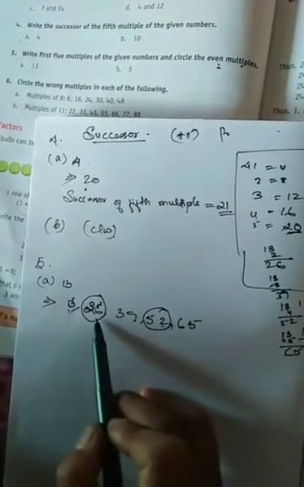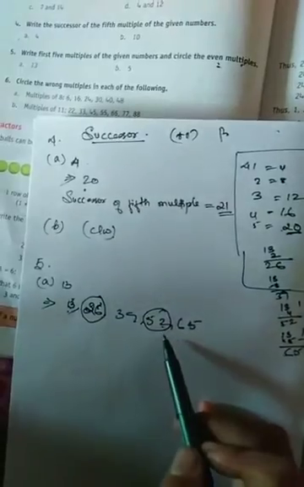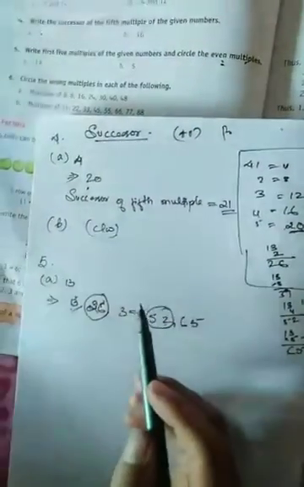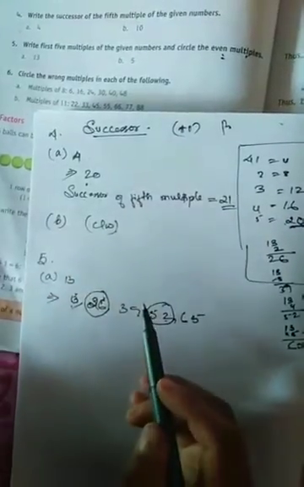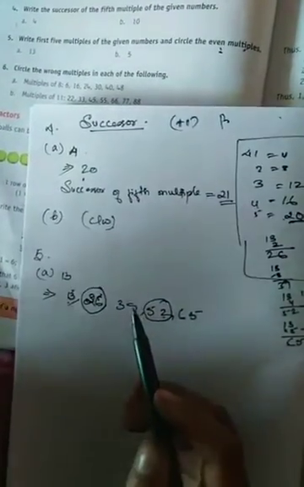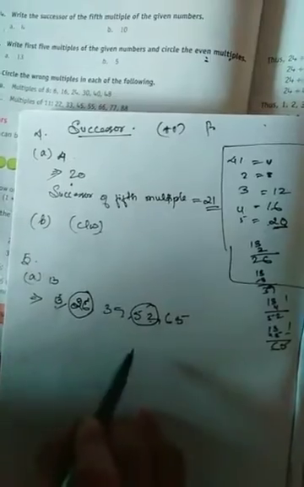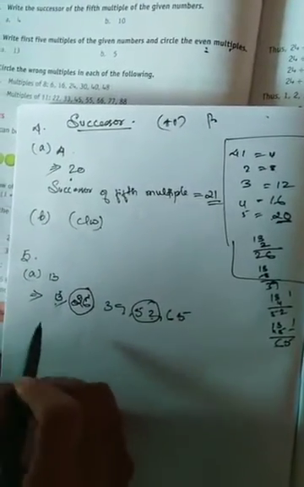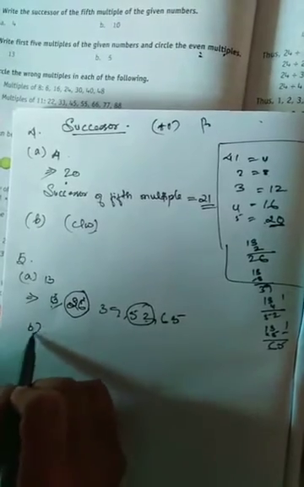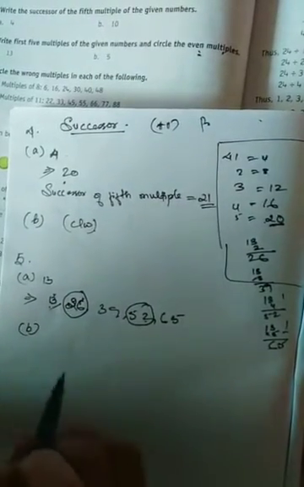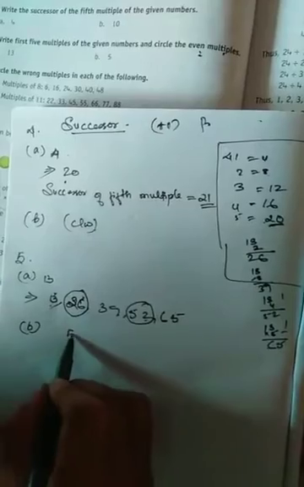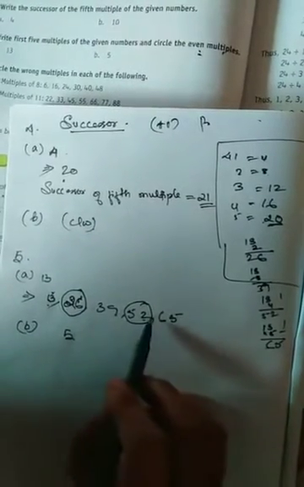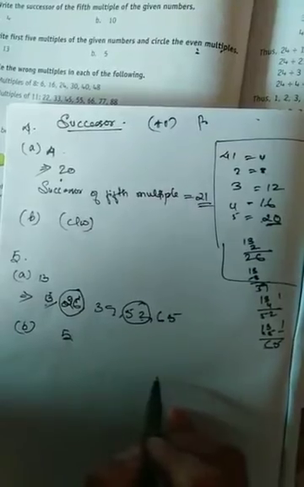So we got 26 and 52 as the even numbers. Now you understood how to do this, right? In question 5 we have two parts, so I'm giving you one to do. In question B, 5 is given, so write the 5 multiples of 5 and find out the even multiples, okay?